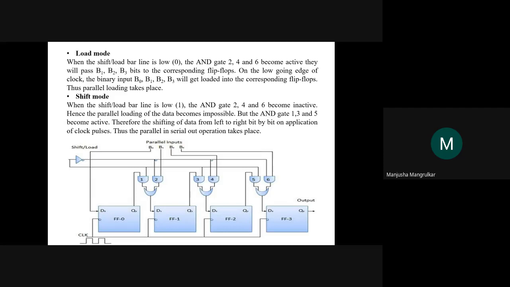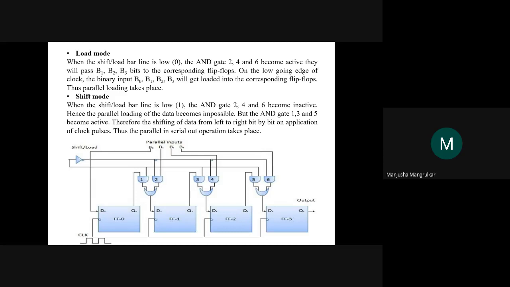But these AND gates 1, 3, 5 are in active mode, and therefore the data is shifted from left to right bit by bit on each applied clock pulse, and thus parallel in and serial out takes place, right? Because this AND gate is active, and it is connected to one of the inputs of the previous output flip-flop. So this data will be shifted here, this data will be shifted here, in response to the clock pulse.